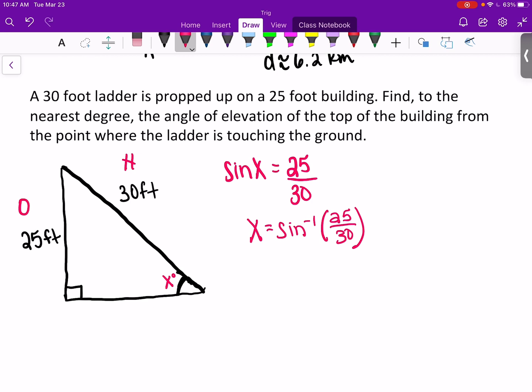Anytime you're trying to find an angle measure, you have to use the inverse of that trig function. If you type in sine inverse of 25 over 30, you will find that X is approximately 53 degrees, or 56 degrees, I'm sorry. And that is our angle of elevation from the ground to the top of the building. That is all I have for you today.